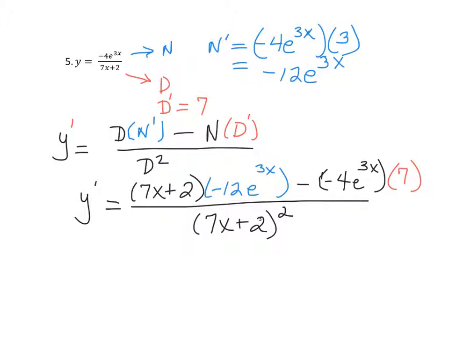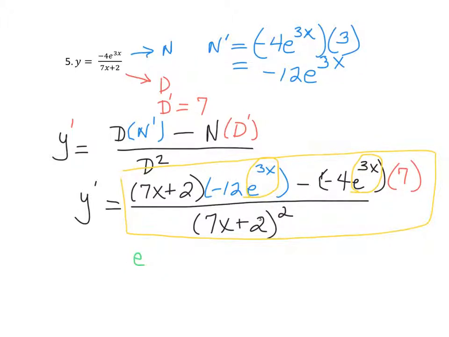And at this point, you have, once again, done the calculus, and the rest is algebraic simplification. And the trick that we used before is going to remain the same. There's a common factor here of e to the 3x, and so we'll factor out that common factor. And when we do, we have negative 12 times 7 is negative 84x.